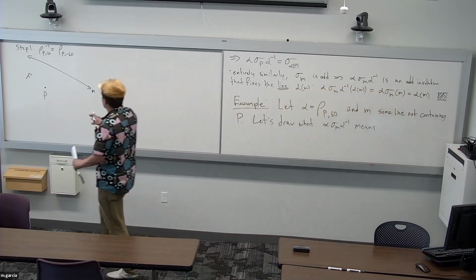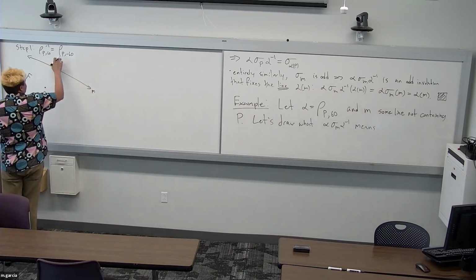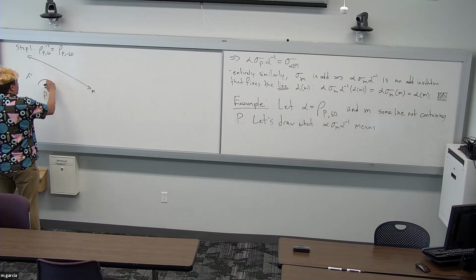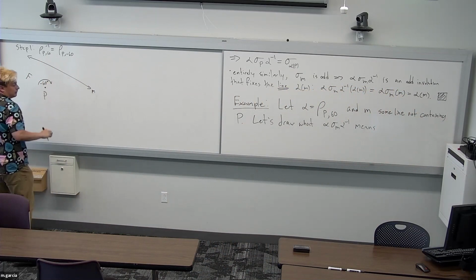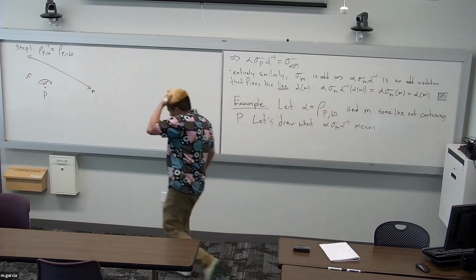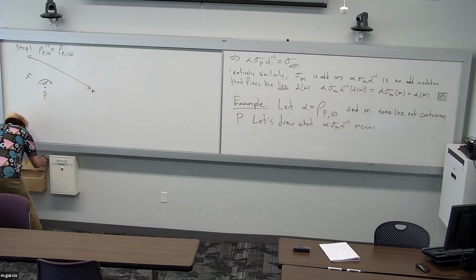So step one, I'm going to do this isometry. So I'm going to move everything over negative 60 degrees, right? And I really wanted a colored marker for this, but unfortunately I don't have any. Okay?